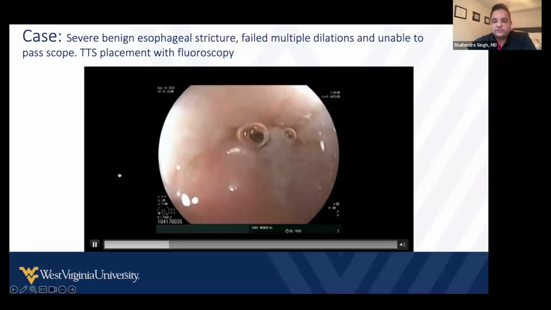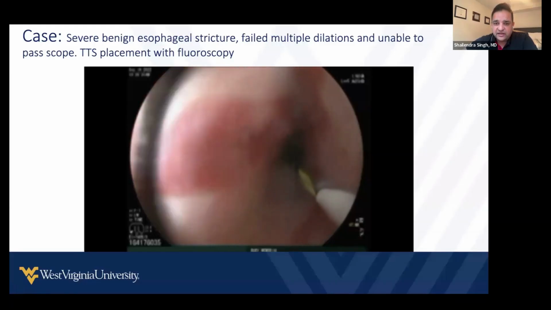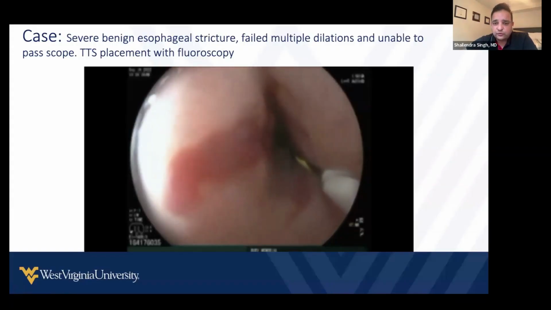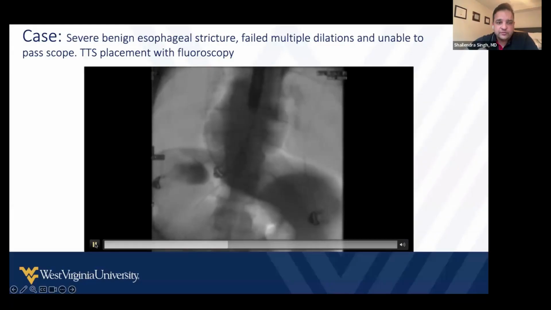So I see these kinds of strictures. What we can do here is use fluoro guidance and easily place a through-the-scope stent. I'm using a therapeutic scope, so all these through-the-scope stents will be placed through the scope. You will need a therapeutic channel.